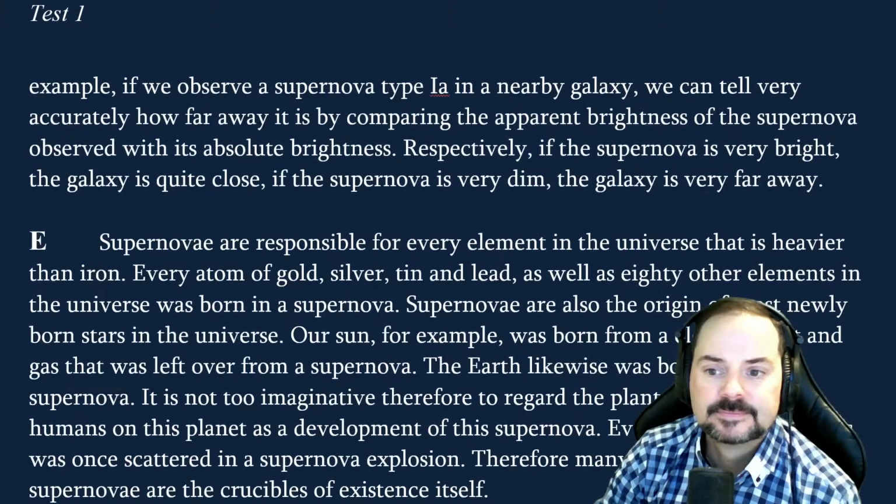A standard candle is used to determine how far away an object is. For example, if we observe a supernova type 1A in the nearby galaxy, we can tell very accurately how far away it is by comparing the apparent brightness of the supernova observed with its absolute brightness. Respectively, if the supernova is very bright, the galaxy is quite close. If the supernova is very dim, the galaxy is very far away.